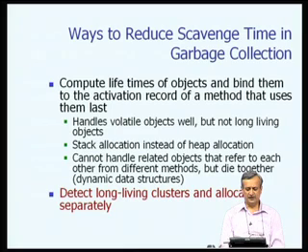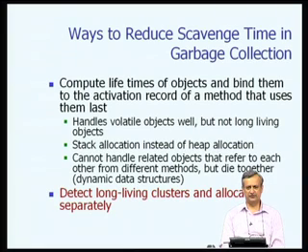So, it is possible that we want to use both techniques, that is, stack allocation wherever possible, heap allocation wherever possible, and cluster allocation wherever possible. We cannot handle related objects that refer to each other in this stack allocation methodology, for example, dynamic data structures. They may refer to each other, but they die together.